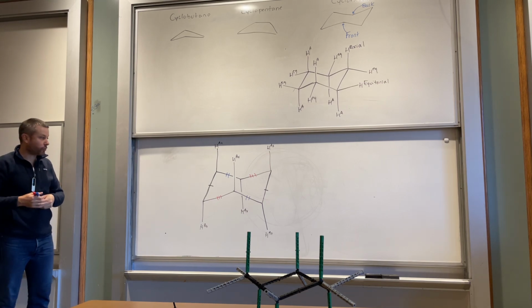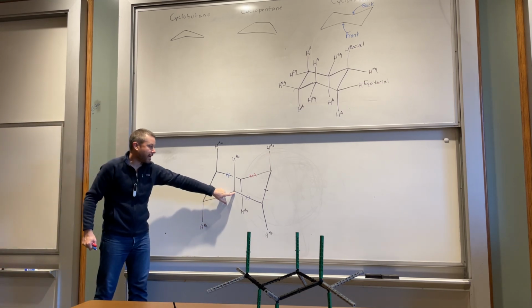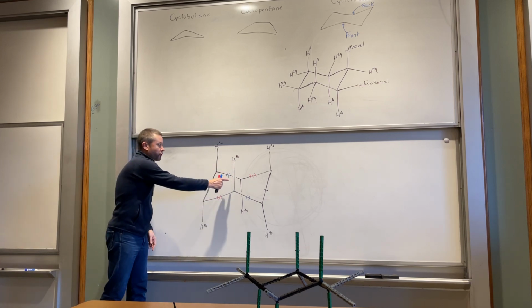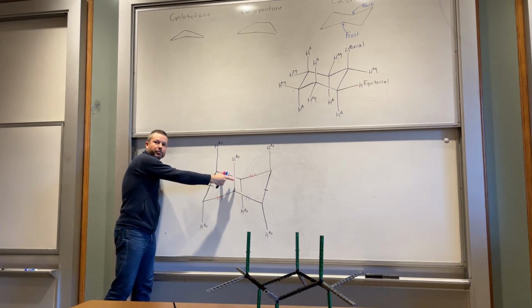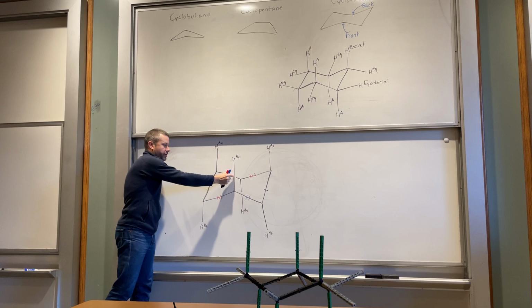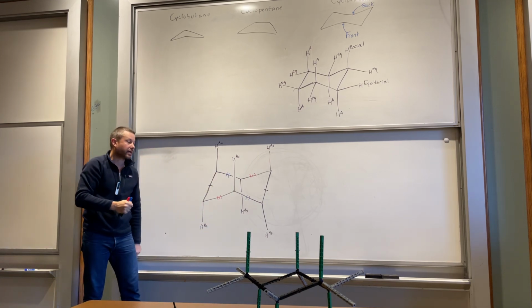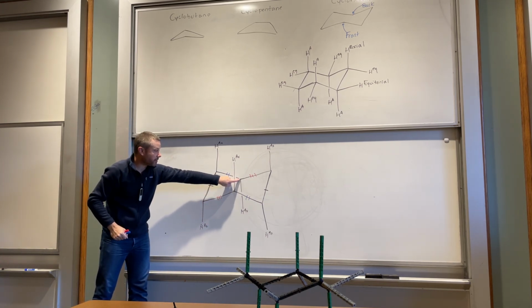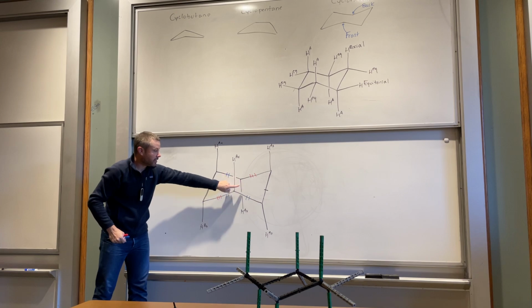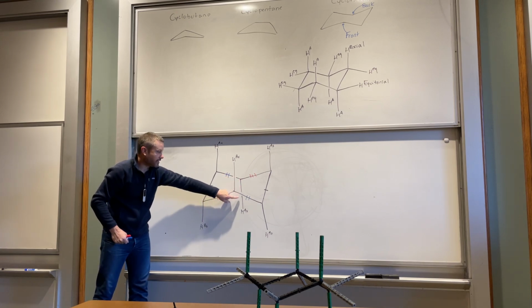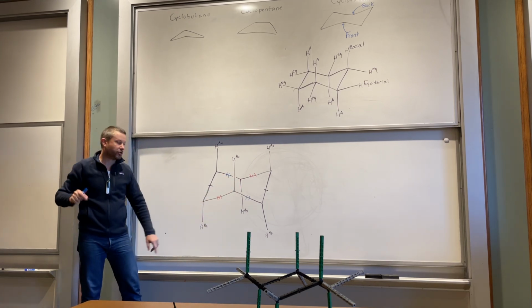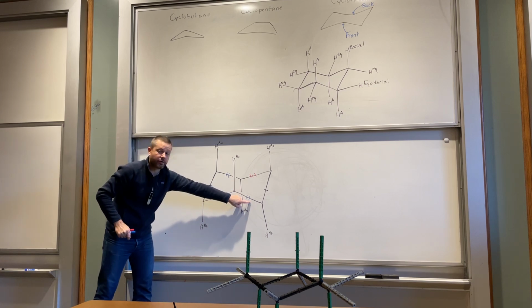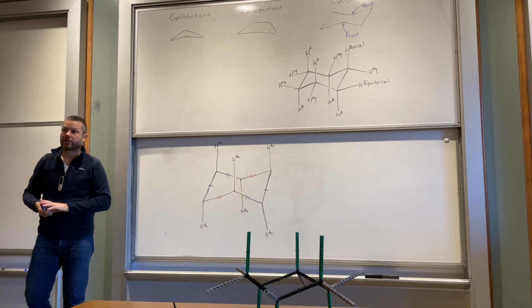Okay, one thing to note, you can see here for the hydrogen coming off this carbon in the front, when I drew it straight up, I tried to show that it's overlapping this carbon-carbon bond in the back. So I just erased a little bit of that carbon-carbon bond in the back. Likewise, this hydrogen is coming off a carbon in the back, so I'm going to erase a little bit of that bond to show that this carbon-carbon bond in front is overlapping that carbon-hydrogen bond.